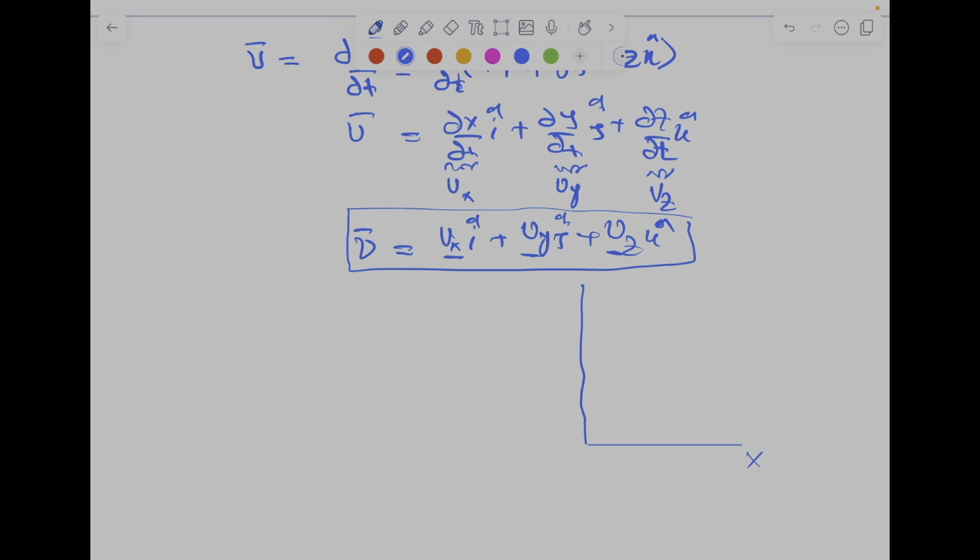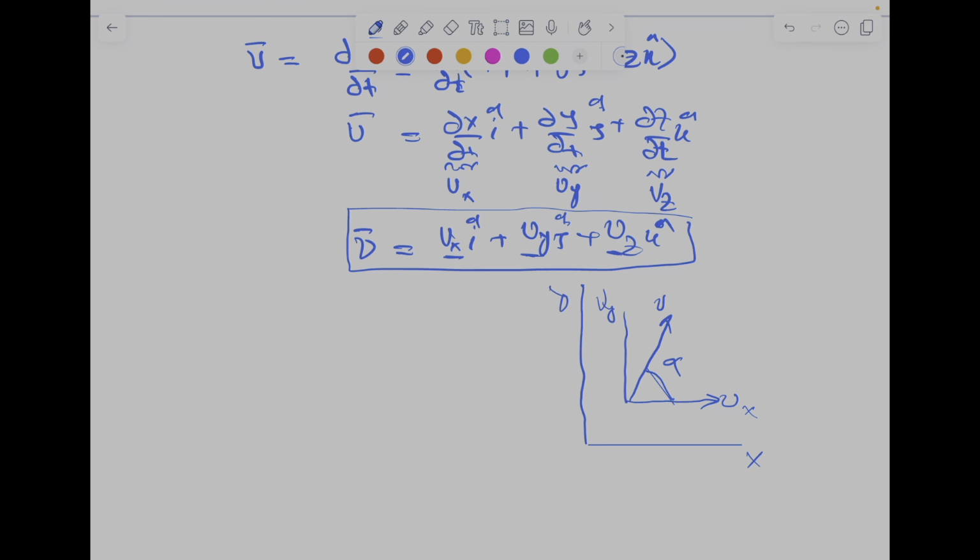It has a vx component and a vy component, and this is your v vector, and this is the angle alpha they are making.